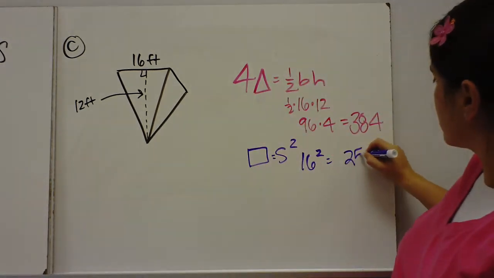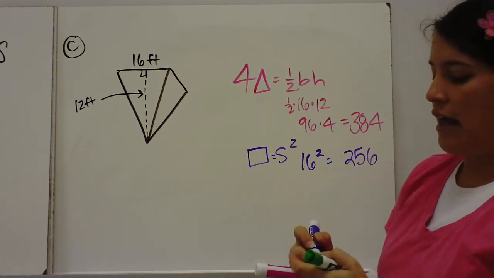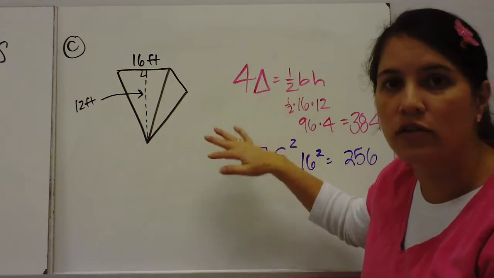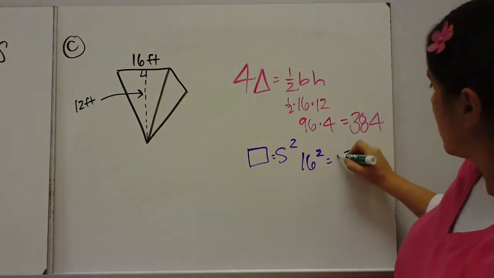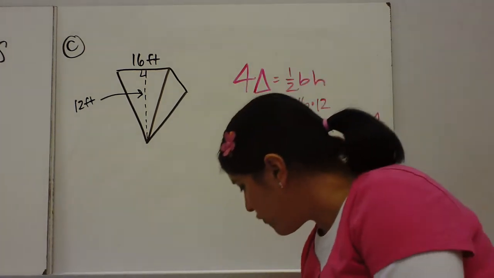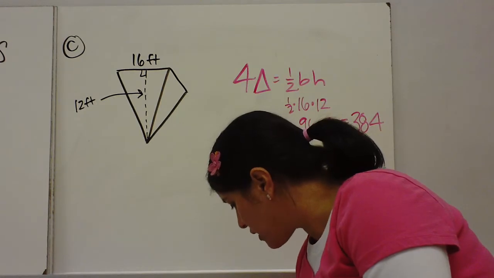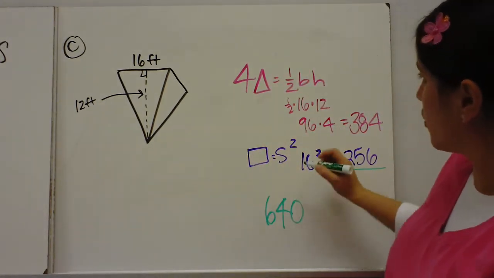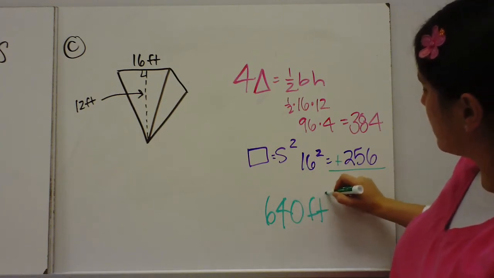Yes, 256. And then I can add those numbers together, my 4 triangles plus my square base. And 384 plus 256 is 640 feet squared.